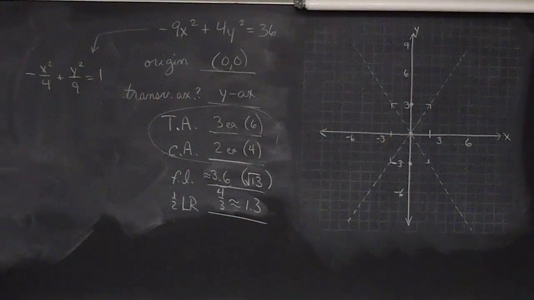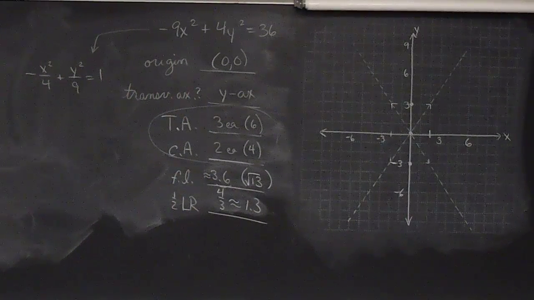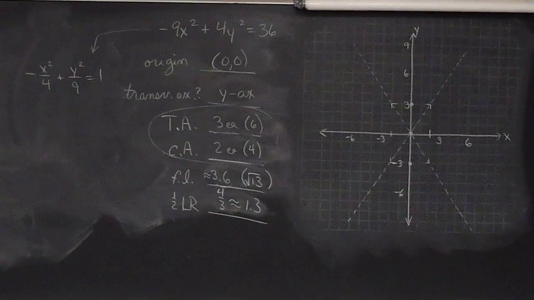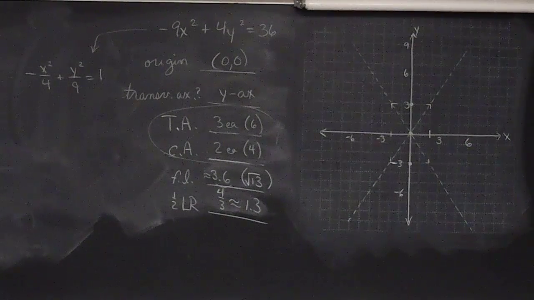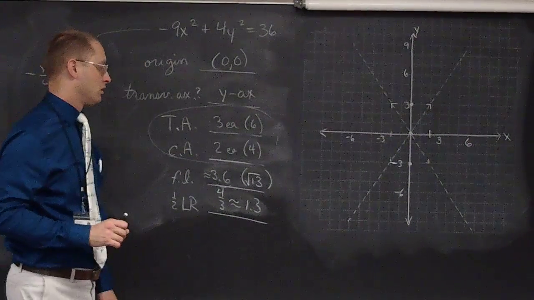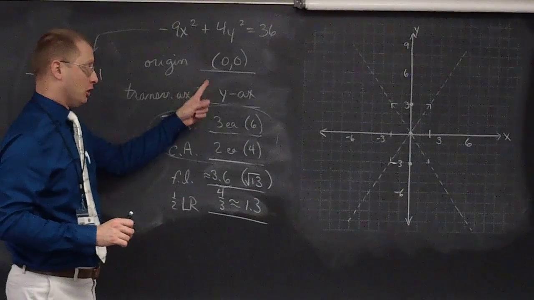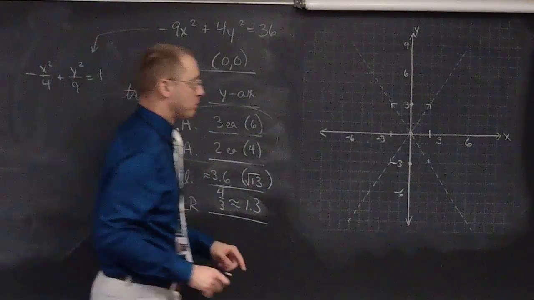All right, once we have asymptotes, go down and up from the origin 3.6. From the origin along the y-axis, up and down 3.6.